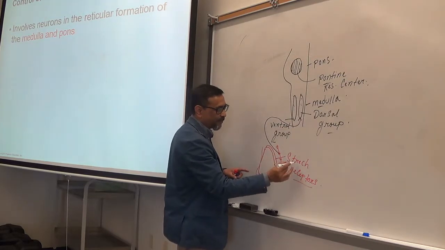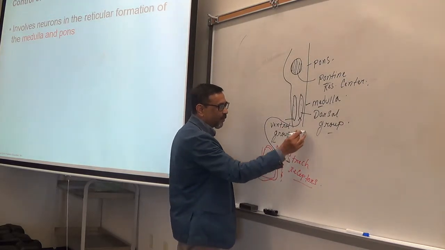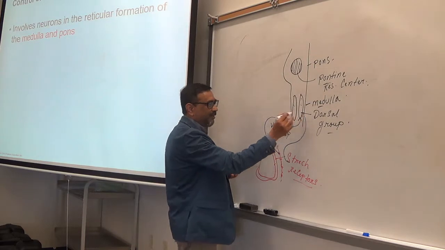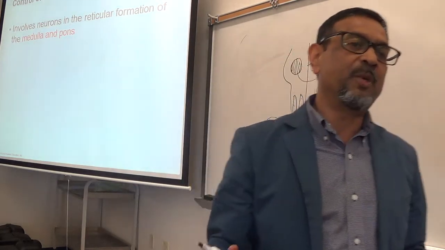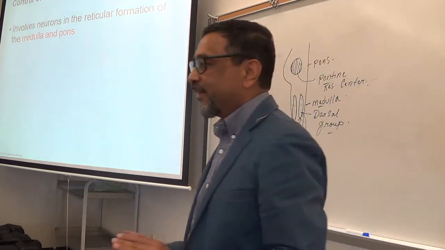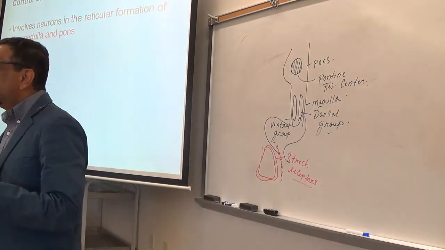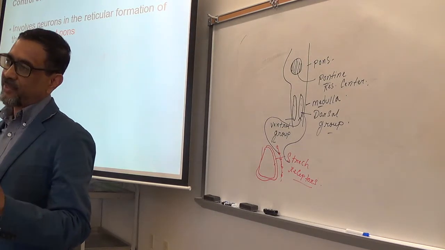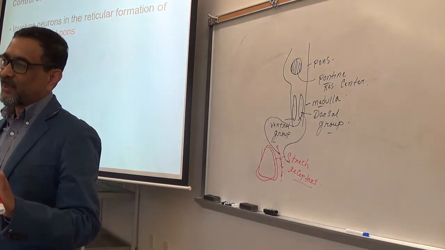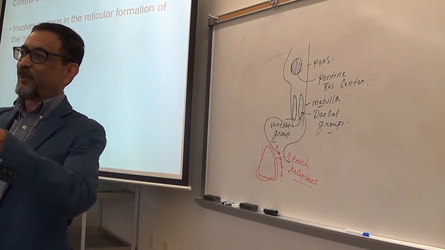So, from the receptors, signal will go to the dorsal respiratory group. So, that is the function of dorsal, receiving the signal from which receptors? Everybody? Stretch receptors. Okay. So more signal will go when lung is expanding more and more.